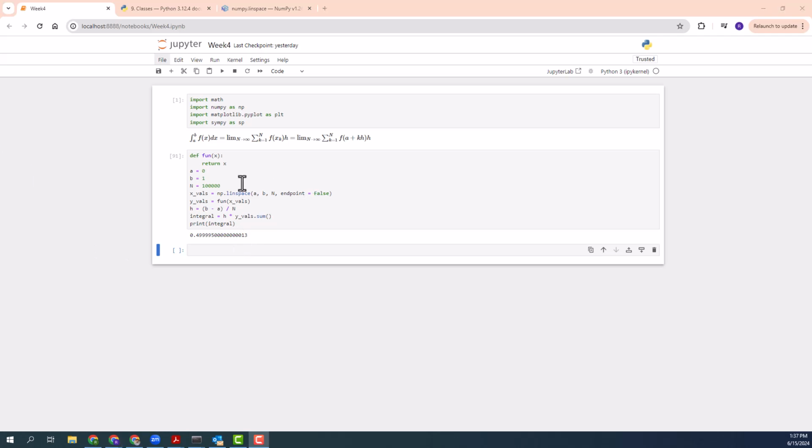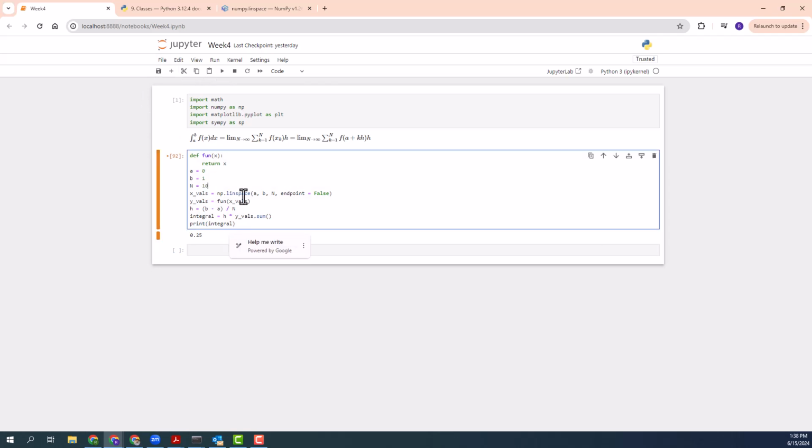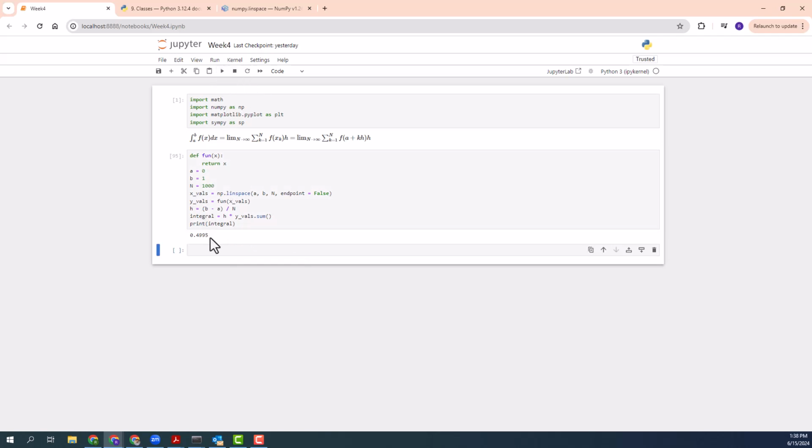Okay, so there are two things that we need to consider here. The first one is the mathematical one, and the second one is more of a programming thing. The mathematical one is, when I did this, I started at 2, and I ran it, and it was 0.25. Then I looked at 10, and I ran it, and it was that, and then 100, and it gets to 0.49, and 1,000, it gets to 0.4995.